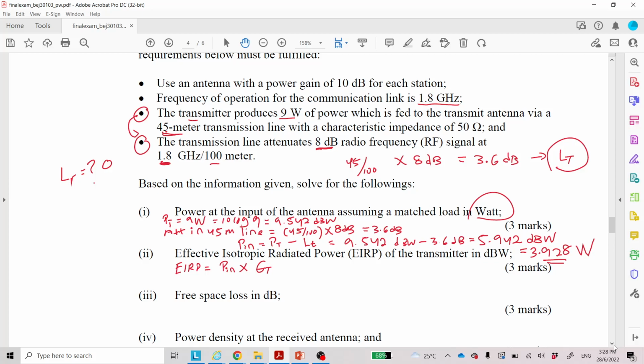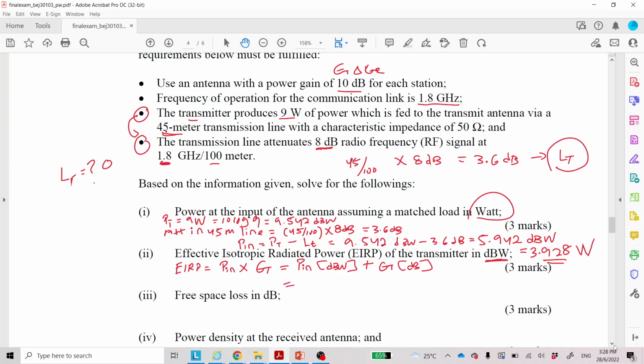The G is given as 10 dB. This is GT and also GR, same. So you can do it like this: P in dBW plus, because the question asks in dBW, plus GT in dB.